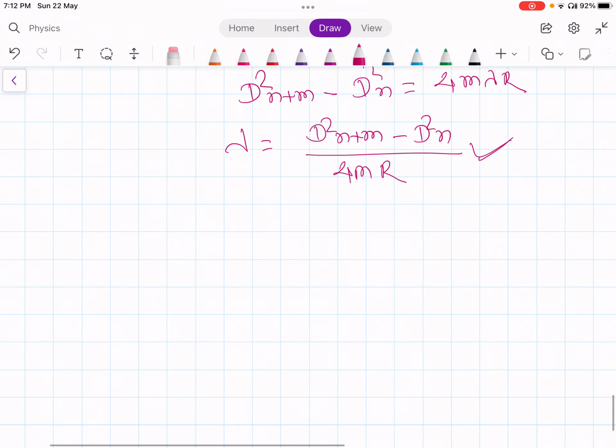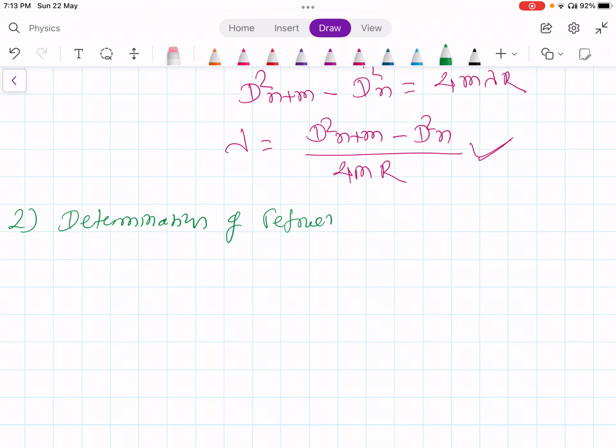The second application of Newton's rings is that you can find the refractive index of a given liquid. So the second application is determination of the refractive index of a liquid. So using the Newton's ring experiment, you can find the refractive index of the given liquid.